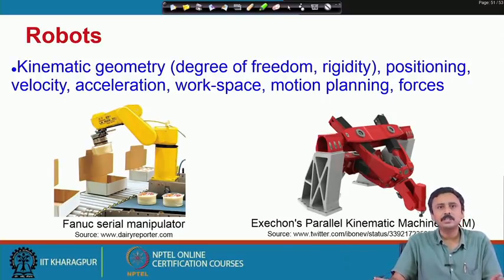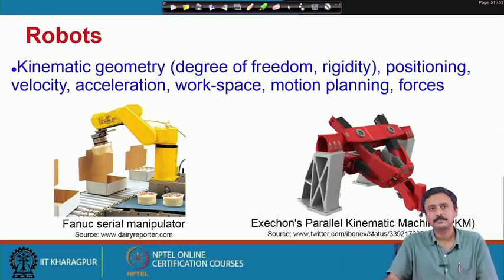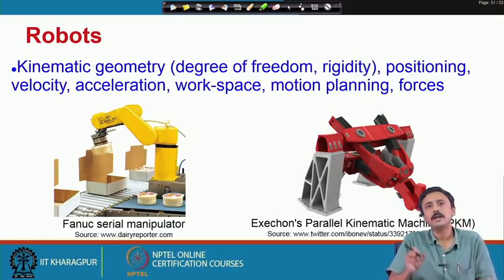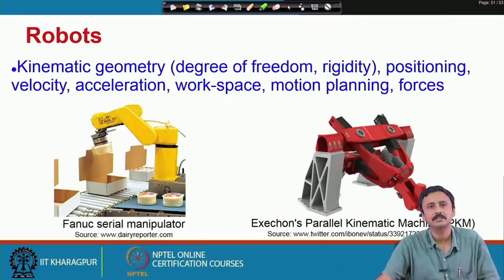Positioning: how should the actuators expand, what should be the velocity or the coordination between actuators so that a certain path is generated? What will be the workspace of these machines? How much will be the reach of the robot on the workpiece? How large a workpiece can it handle? How do you plan motion? How do you coordinate actuation, the different actuators and motors, so that a certain path is generated? What will be the forces that the actuators must supply in order to, let us say, lift a package from the conveyor, or how much force an actuator should apply in order to machine a workpiece? So, these things are discussed under kinematics.